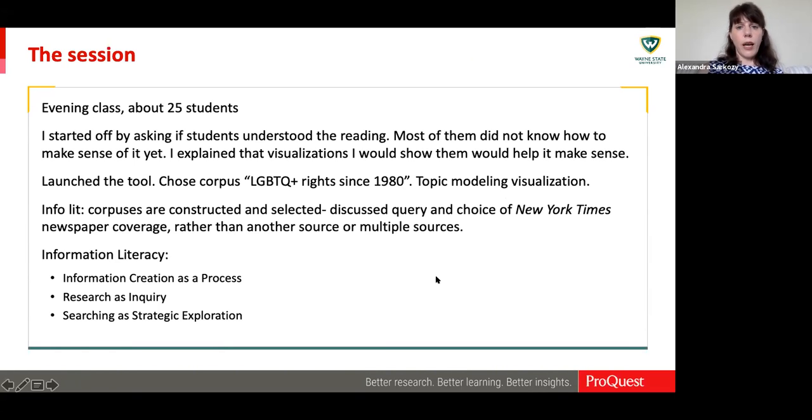So I then launched the tool, and beforehand I had chosen a corpus that was pre-made by ProQuest. All of the corpuses are pre-done because corpuses take a long time to analyze, and it takes a lot of computing power, so they're not done on the fly. But there were a number to choose from that other researchers had created, and I chose LGBTQ plus rights since 1980.